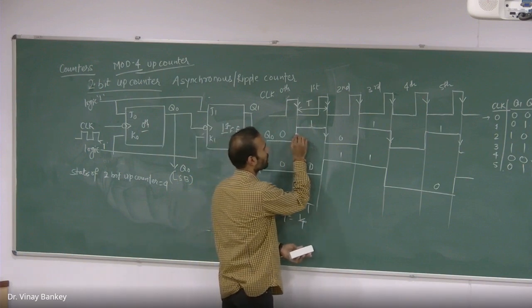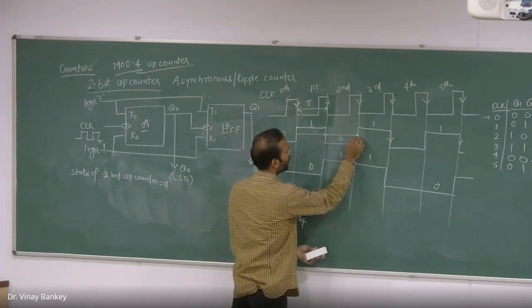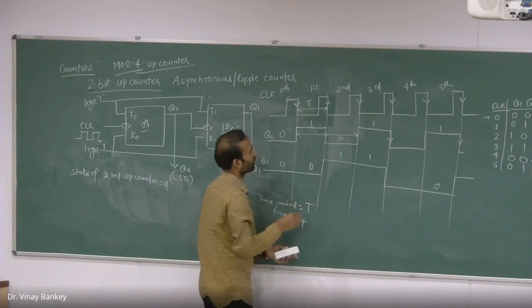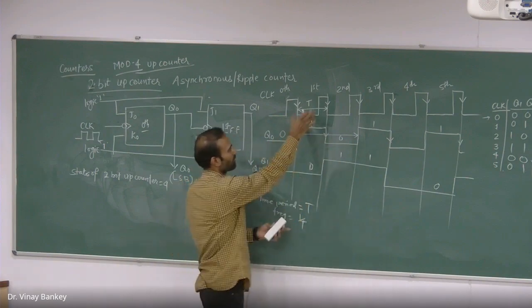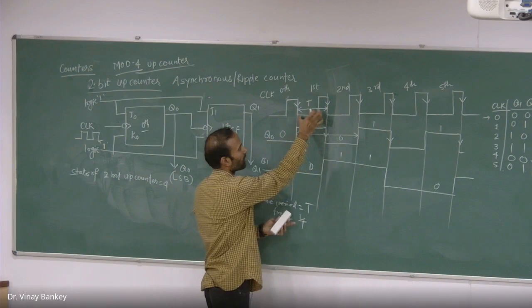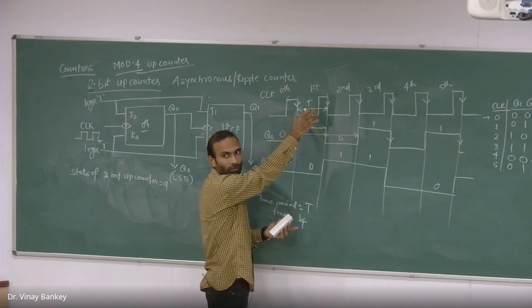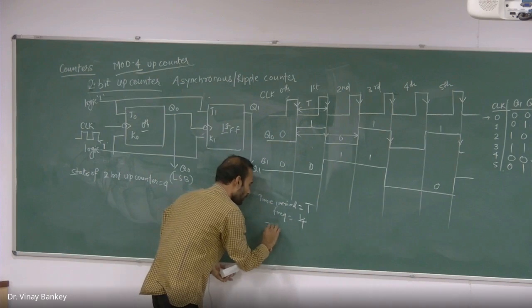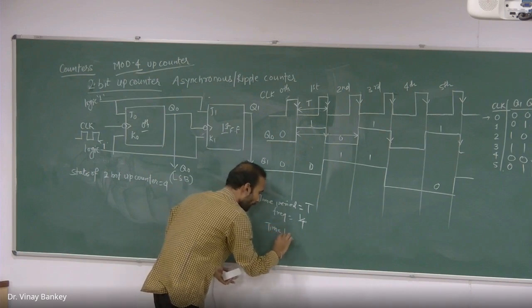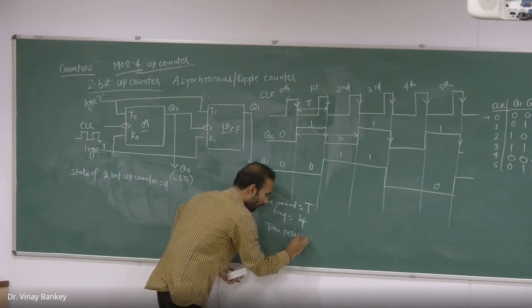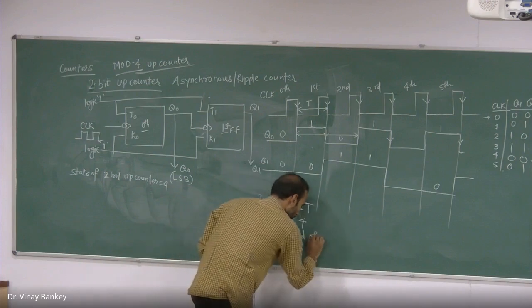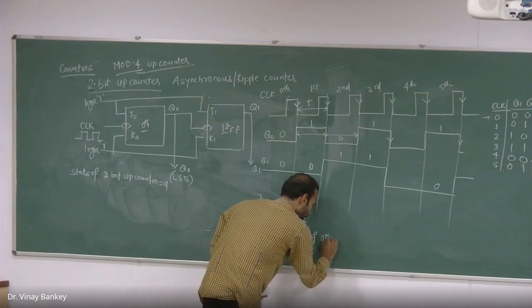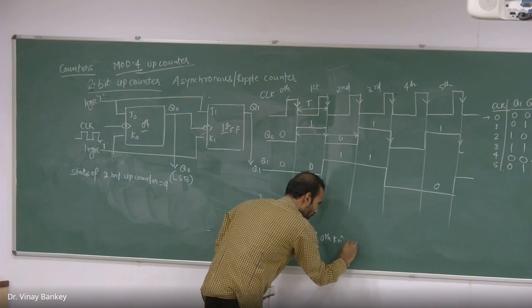The time period of this will be this much, which is exactly equal to double of t. So the time period of the zeroth flip-flop will be 2t.